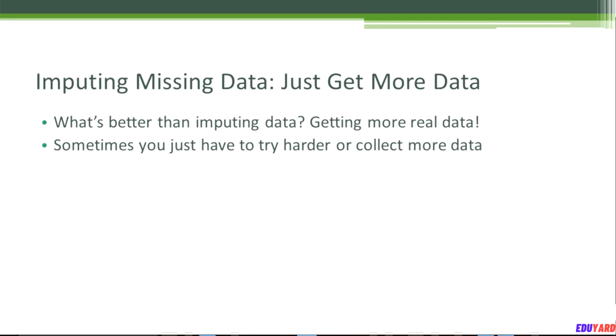Again, you want to be careful that if you are dropping data, you are not biasing your data in some way. But really the best way to deal with not having enough data is to just get more of it. Sometimes you just have to go back and figure out where that data came from and collect more quality data.